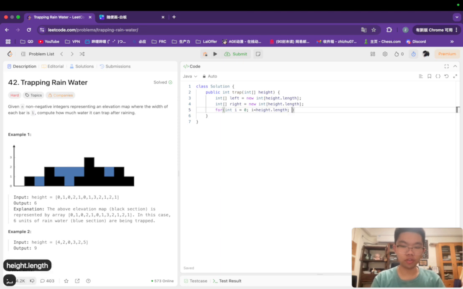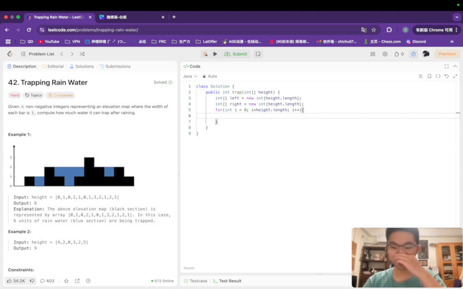So we first need to write a loop to traverse all the elements in the array to fill the numbers into the two arrays. Like left[i] equals max of left[i-1] and height[i]. We are comparing its current value to its previous value.